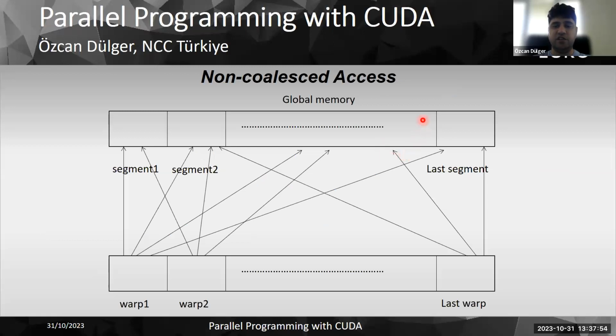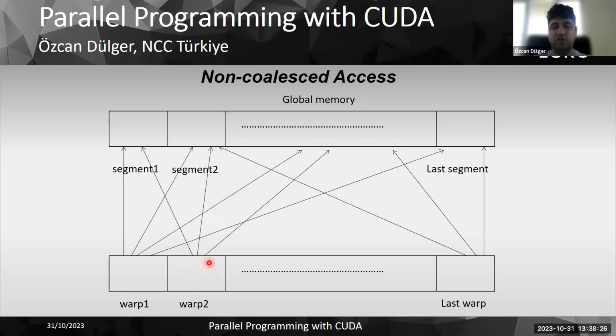This is an illustration of this problem. The rectangles at the bottom are related to the warps, and the rectangles at the top are related to segments of the global memory, and the arrows are related to the threads in the warp. Here, as you see, the threads in a warp access different segments of the memory.